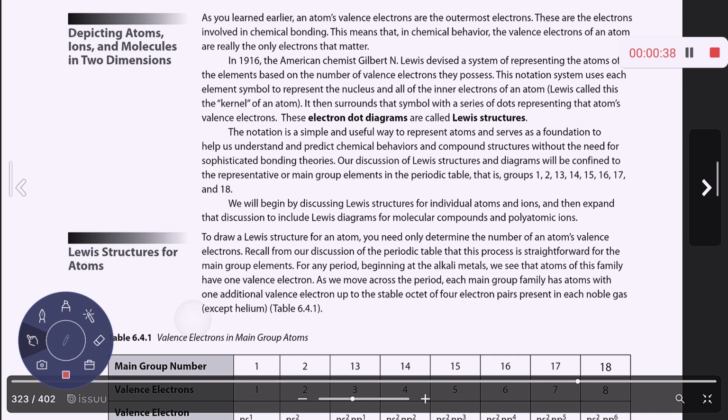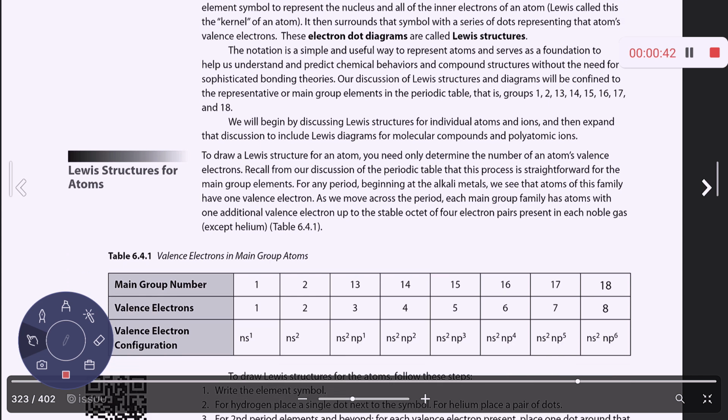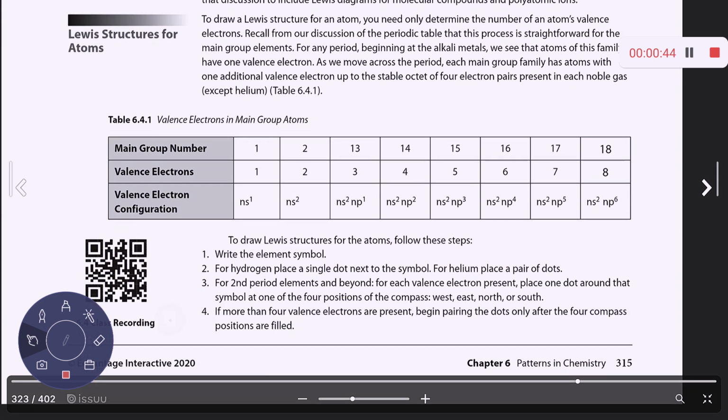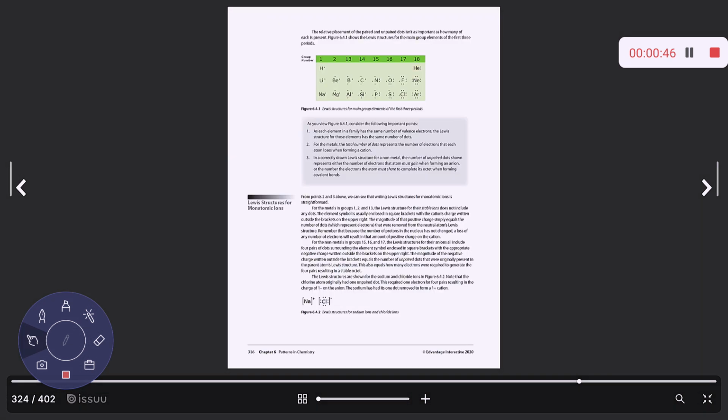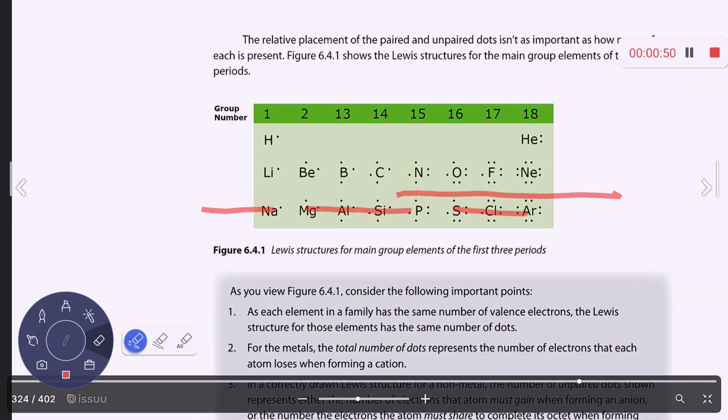So Gilbert Lewis is the person that came up with this concept, and when we are drawing the Lewis structures for neutral atoms, you're going to have the symbol for the element with the number of valence electrons represented as dots. Some teachers will teach you that there's a formal rule to place the dots. Technically there isn't.